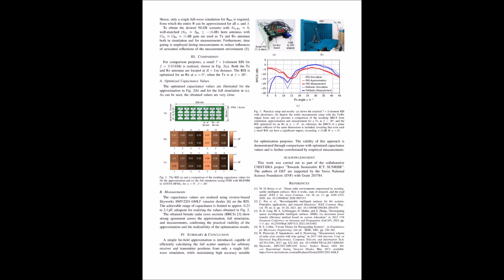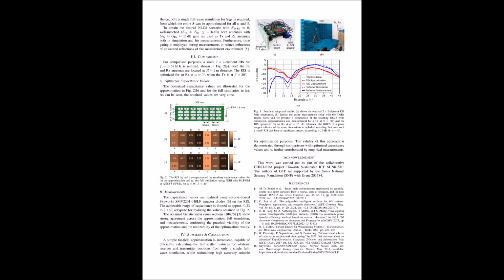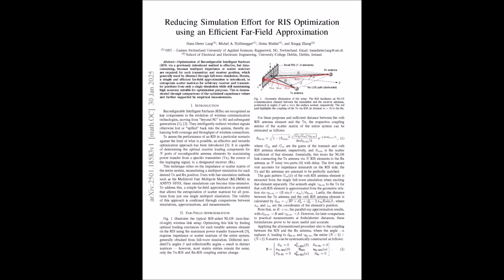And from there, you can use those equations we discussed earlier, equation 1 and equation 2, to extrapolate and predict how the RIS will interact with the transmitter and receiver from any position. Wow, so that initial simulation does a lot of heavy lifting. It front-loads the complexity, and then the far-field approximation steps in to handle the rest much more efficiently. It's like a one-two punch for efficient RIS optimization. Precisely. And the results speak for themselves.